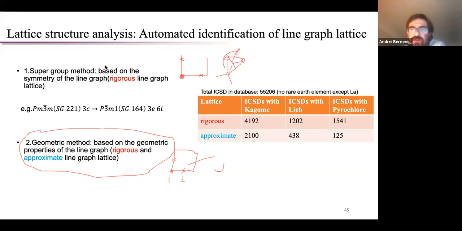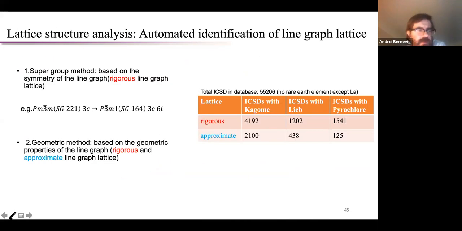And what you find is that in all these materials, there's between 70,000 and 90,000, I'm not remembering exactly.